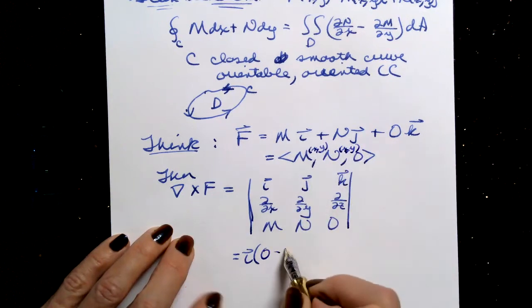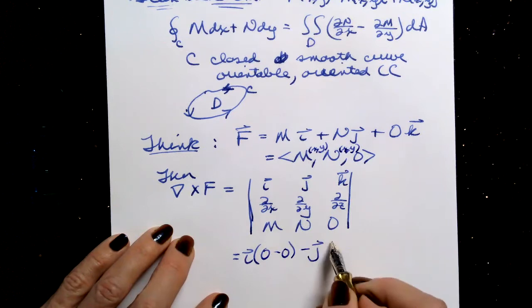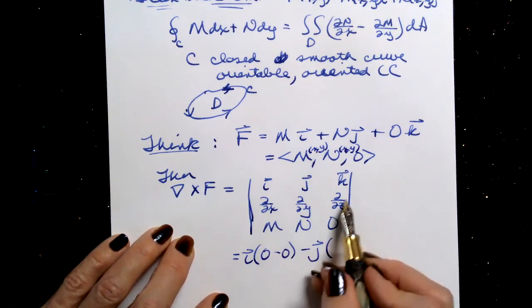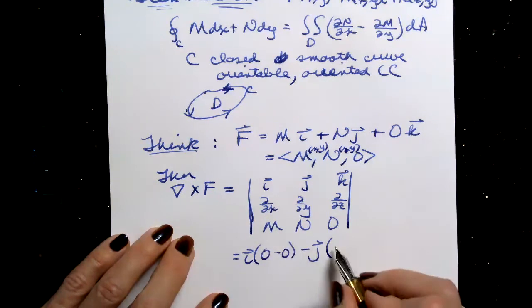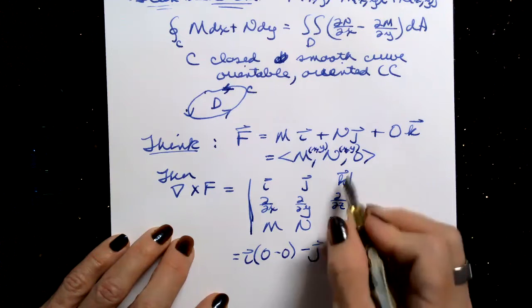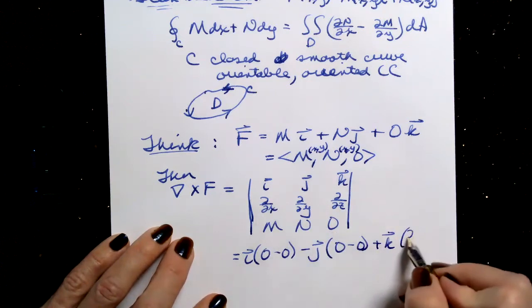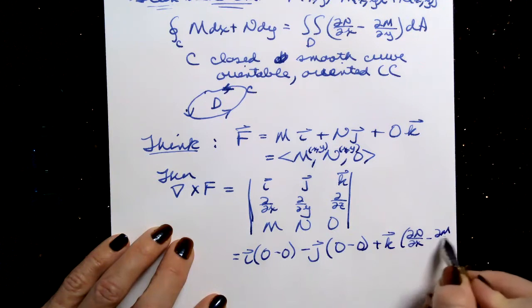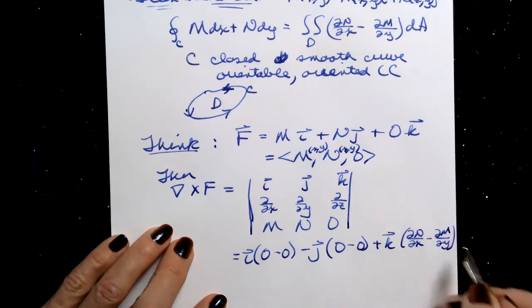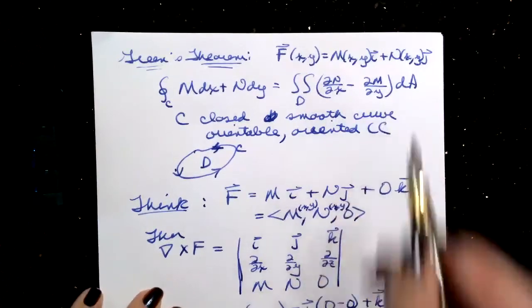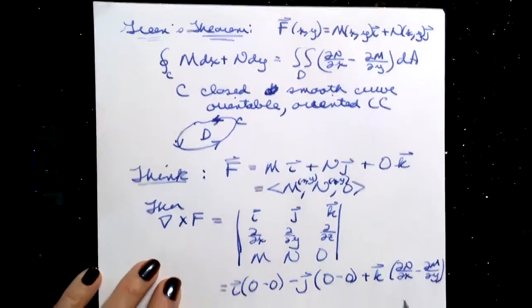So you get 0 minus 0. And then when you look at the j term, you delete the row and the column with j, you get 0, and M only depends on x and y. So again, you get 0 minus 0. And then we get the k term times, look at that, N sub x minus M sub y. So the curl is exactly the term we get in Green's theorem on that right-hand side.